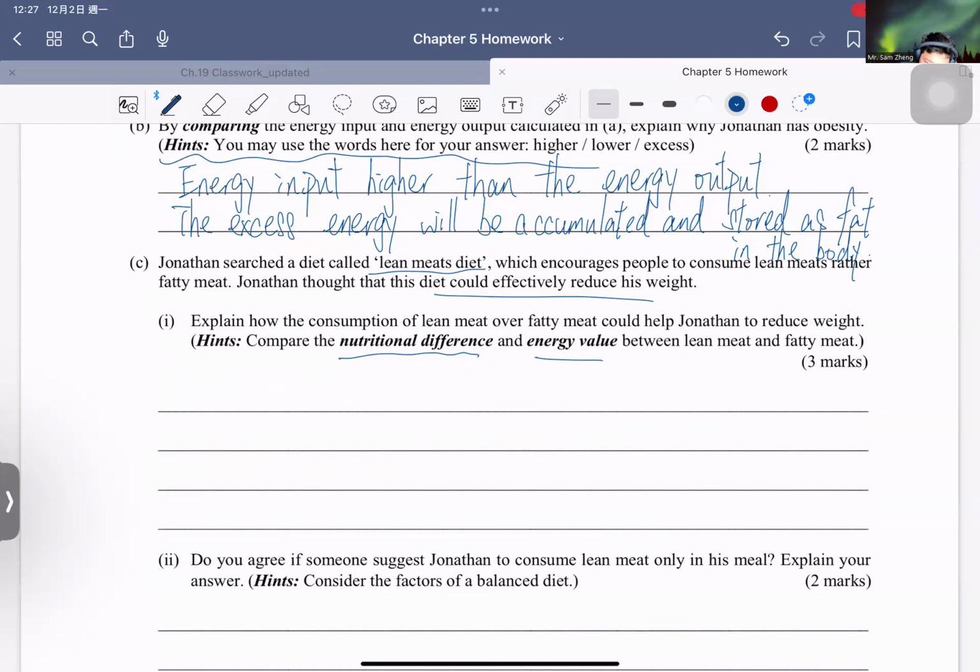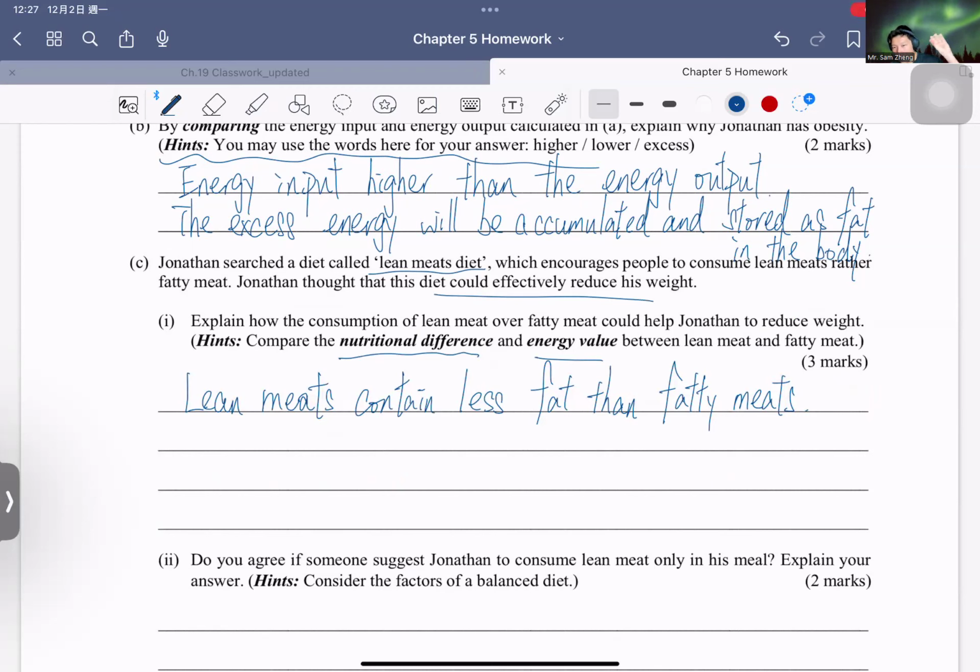First of all, the first idea is why lean meat is better than fatty meat, because lean meat contains less fat than fatty meats. So from fatty meat to lean meat, we have less fat.